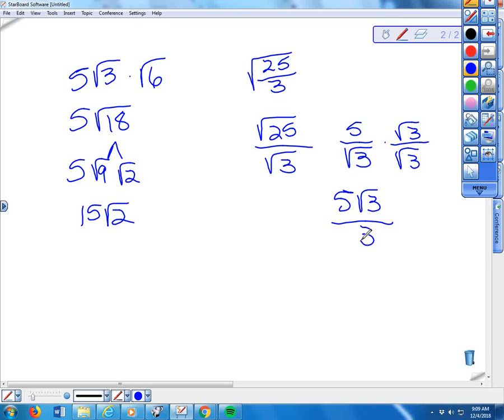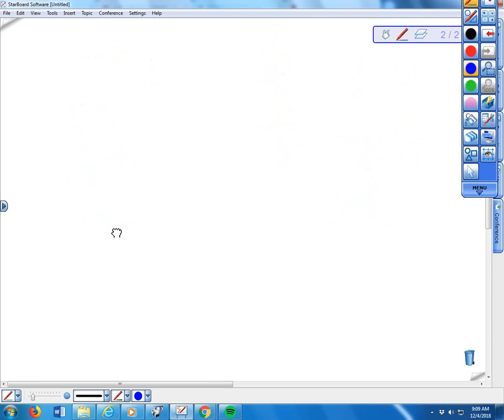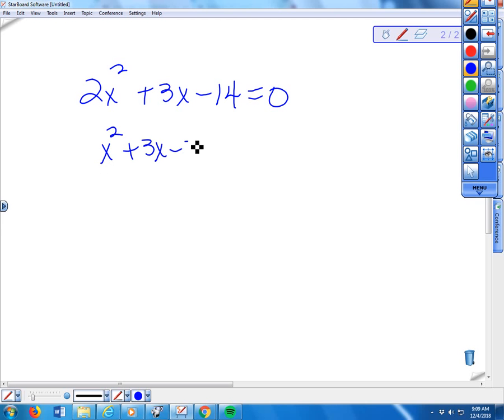Solve the equation by factoring. We're going to have to use bottoms up here. So we multiply 2 times negative 14. Factor.